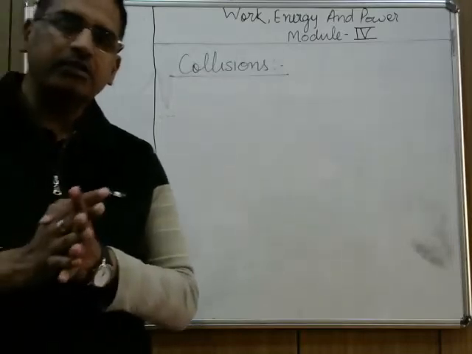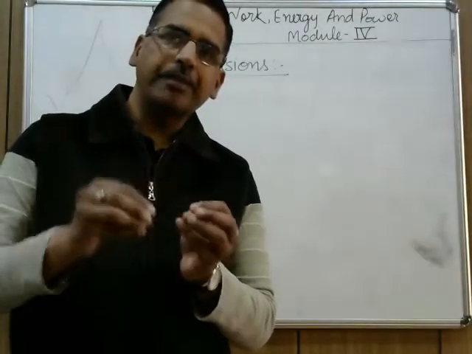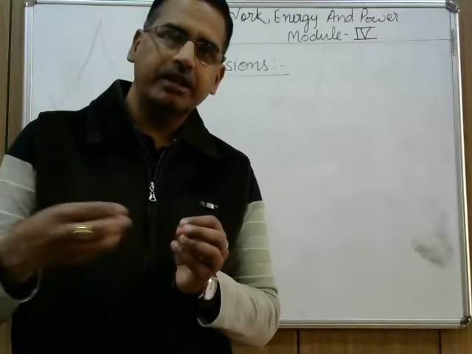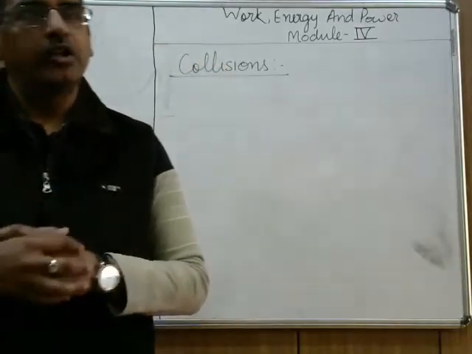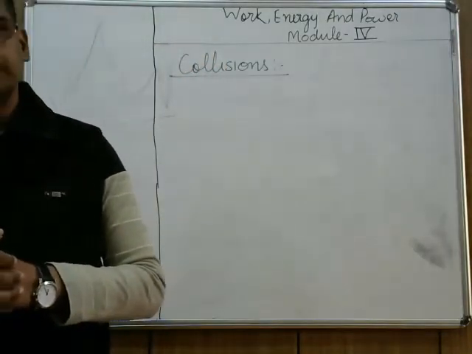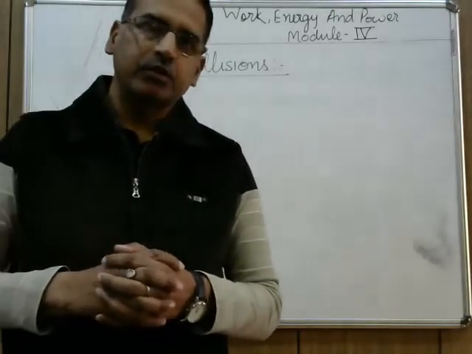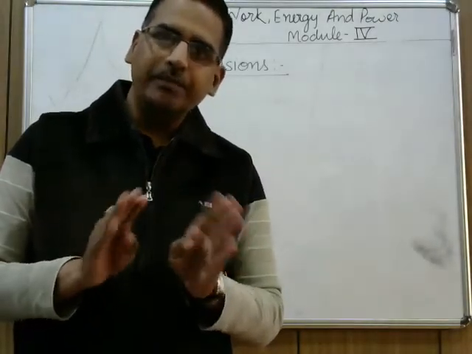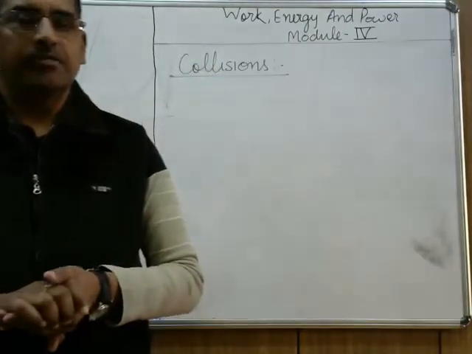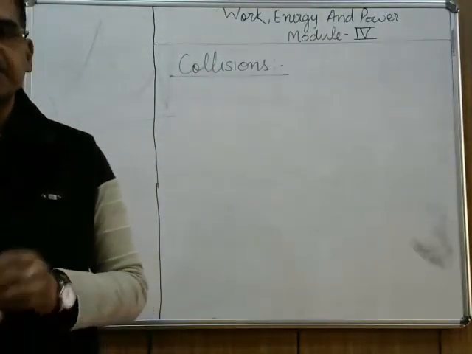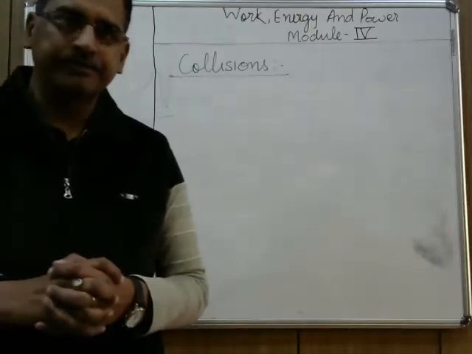So what I want to tell you is that in this, it never happened that the alpha particle touches the nucleus of gold. So this is a beautiful example of collision. In this, the only path was influenced by the nucleus, but physically there was no contact.